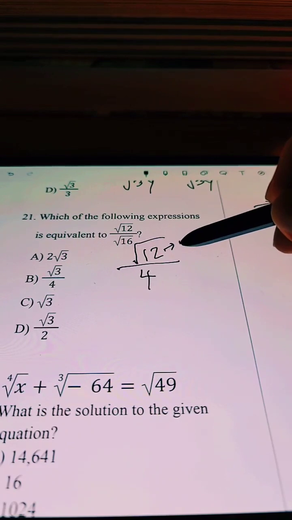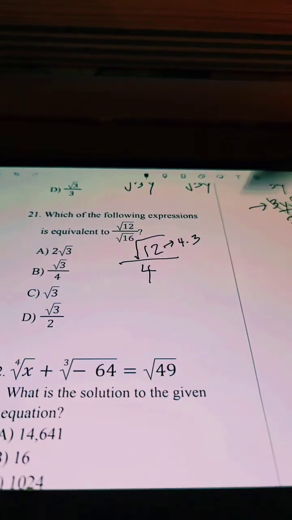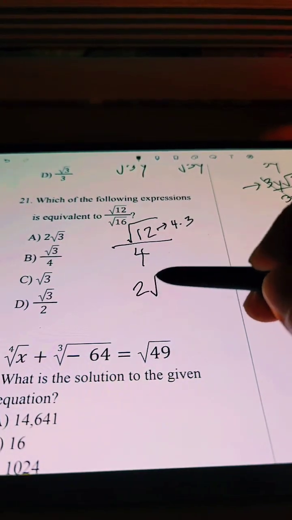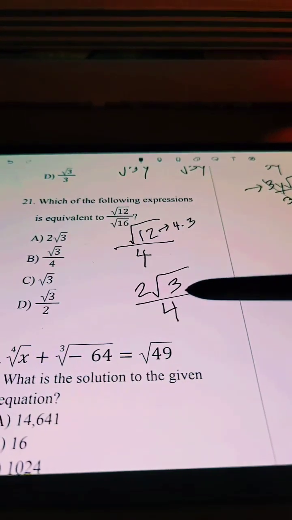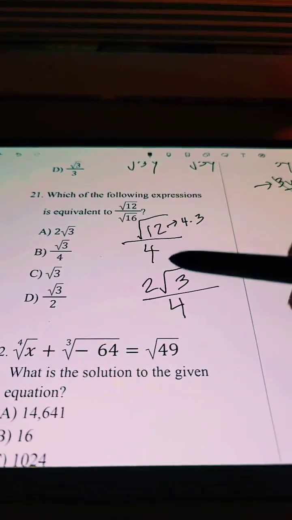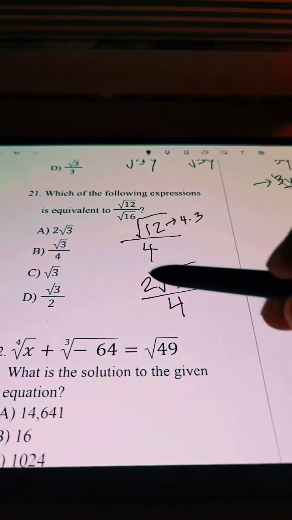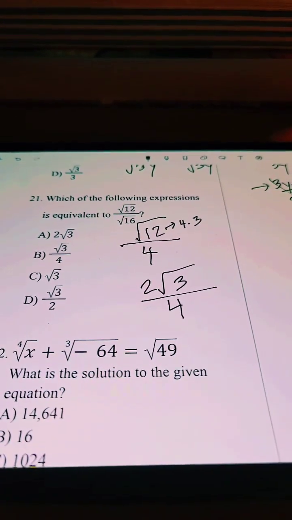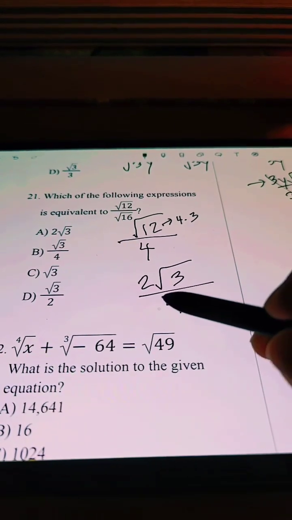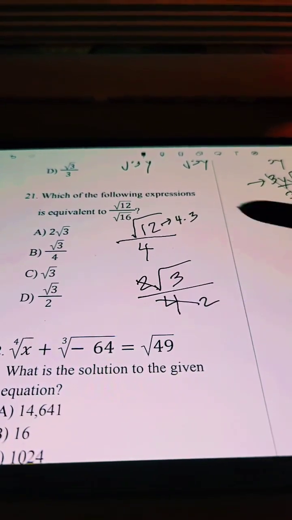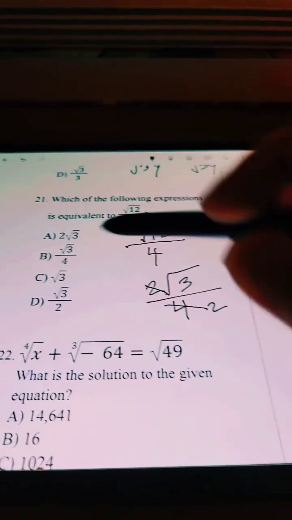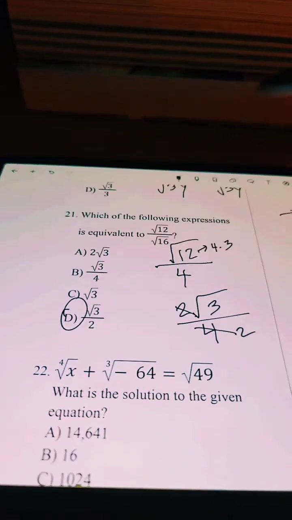So 12 is the same thing as 4 times 3. So I can take out a 2 for that 4 because the square root of 4 is 2. Keep the 3, put the 4 on the bottom, and then I could say, okay, I'm going to now divide by the greatest common factor. So that would be 2. So I'm dividing by 2 here to get 2. Divide by 2, get rid of that, and just leave the root 3. So it's root 3 over 2, D.